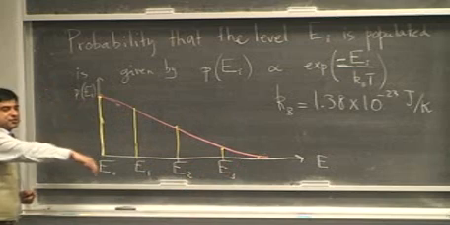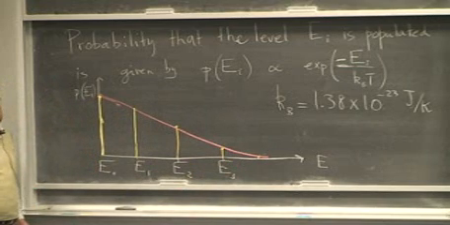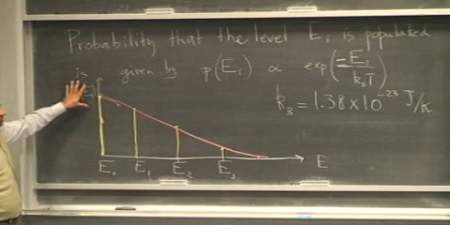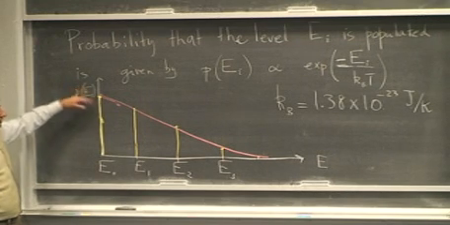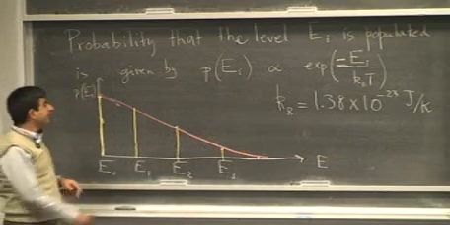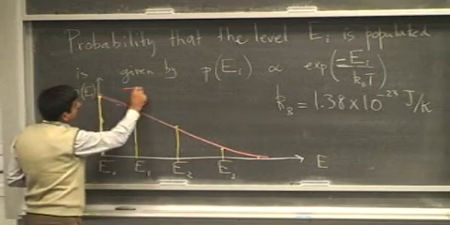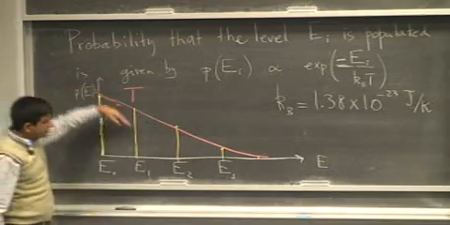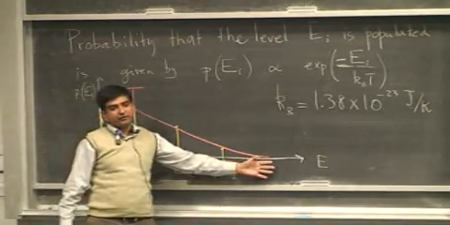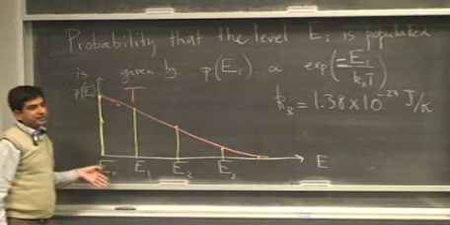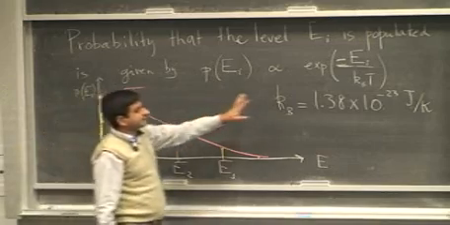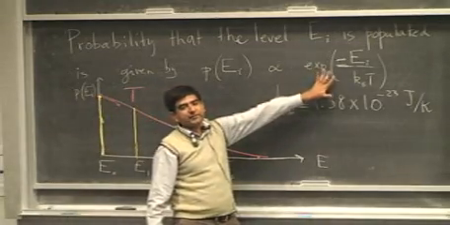Another way to plot this is to do a semi-log plot, that is, plot the log of the probabilities. This is at a particular temperature, an exponentially decaying curve. Higher energies have less likelihood of being populated. Lower energies have a higher likelihood of being populated. And the likelihood is given by this factor.